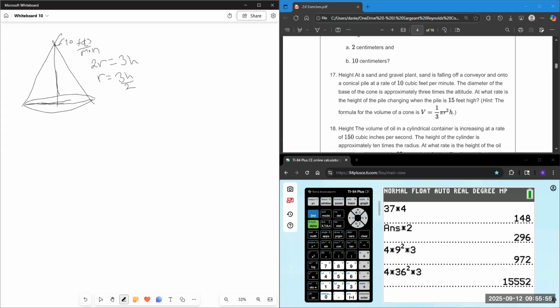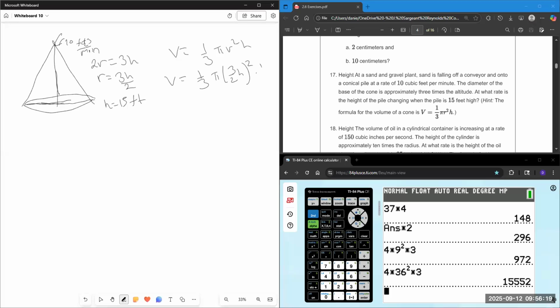When the pile is 15 feet high, h is 15 feet. They give you the volume of the cone is 1/3 pi r squared h. So I need to write that in terms of h. R is 3/2 h.